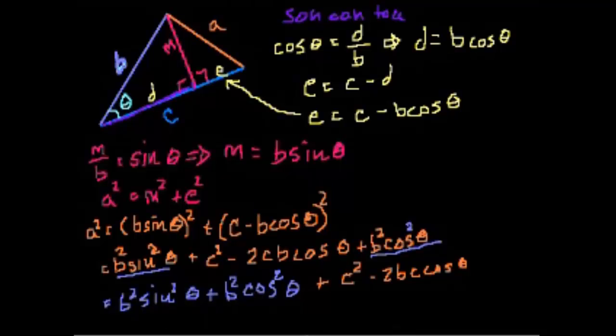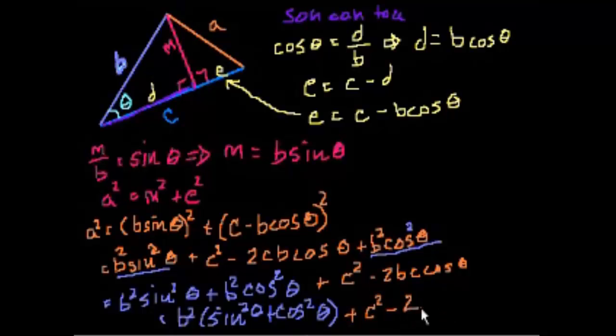This is the same thing as B squared times (sine squared theta plus cosine squared of theta), and then plus C squared minus 2BC cosine of theta. Something should be jumping out at you. Well, sine squared plus cosine squared of any angle is 1. That's one of the early identities, a Pythagorean identity right there. So this equals 1.